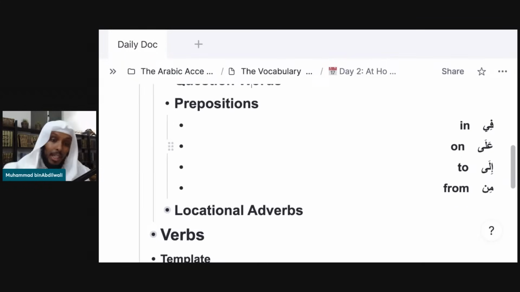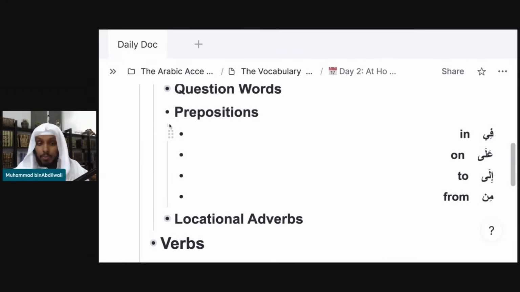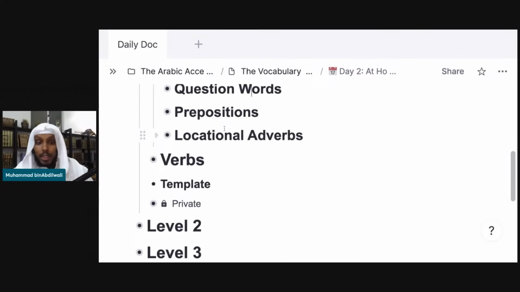I can't say أخرج إلى البيت, that wouldn't make sense unless I'm already outside the house, right? So you say أخرج من بيتي, that's the starting point, إلى المسجد, to the masjid. So whenever you want to express that you're going from somewhere to somewhere, then min is the starting point, إلى is the destination. طيب?